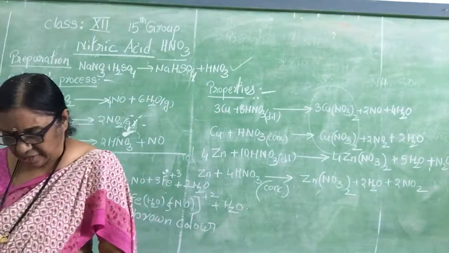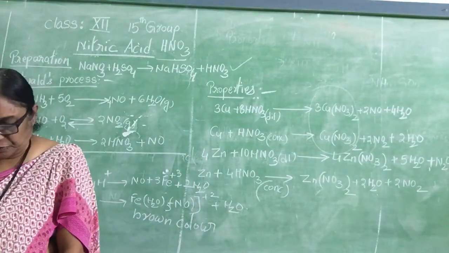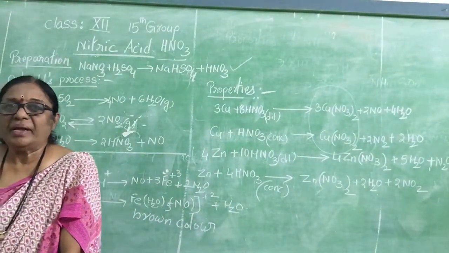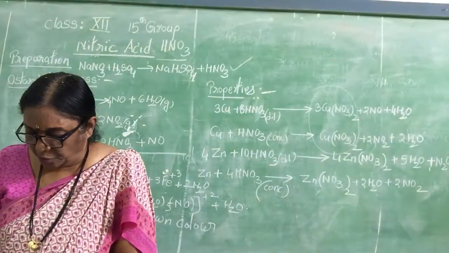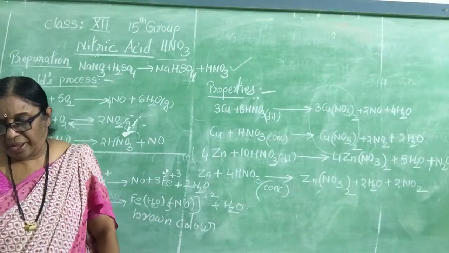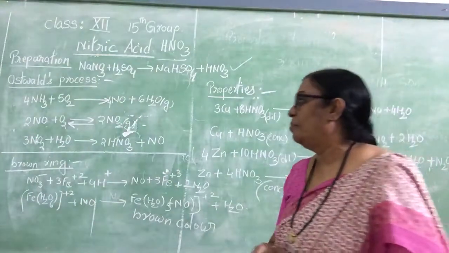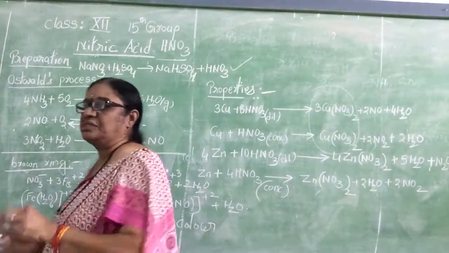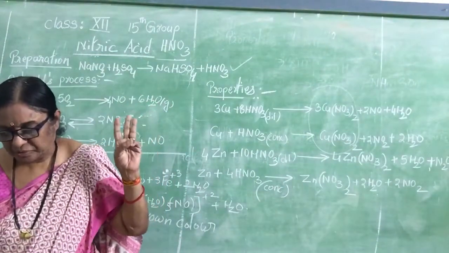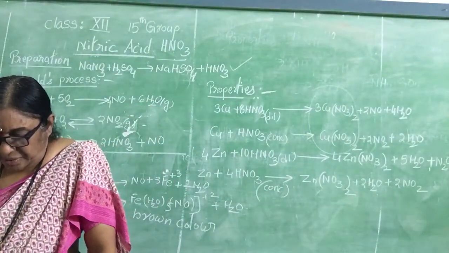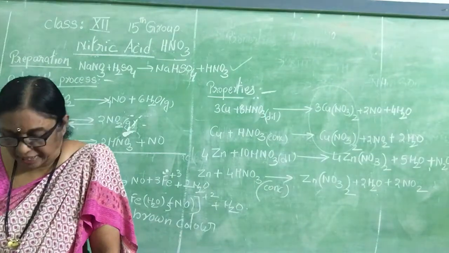Now let us start the allotropic forms of phosphorus. Phosphorus exists in three allotropic forms. What are they? Red, black and white.